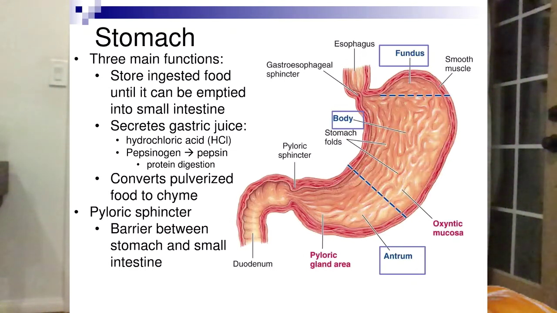And that's because we want to prevent the juices from the stomach from getting up into the esophagus, because the juices from the stomach are very acidic. When it does, that's the condition called heartburn. People think it feels like your heart is burning. That's because the esophagus passes right behind the heart.